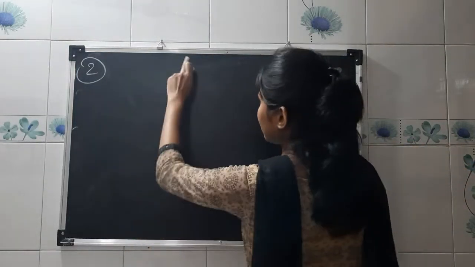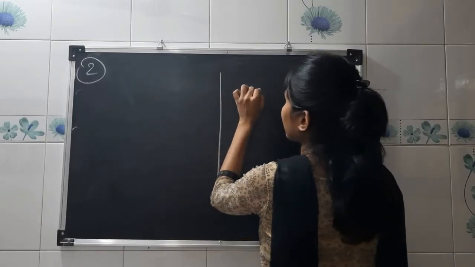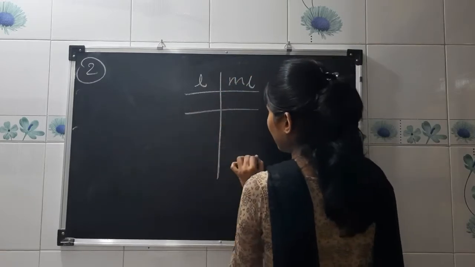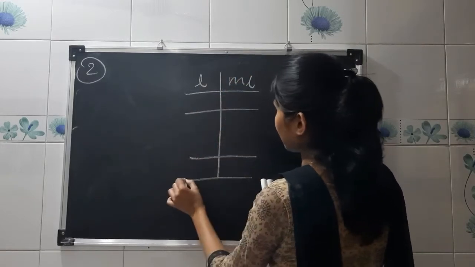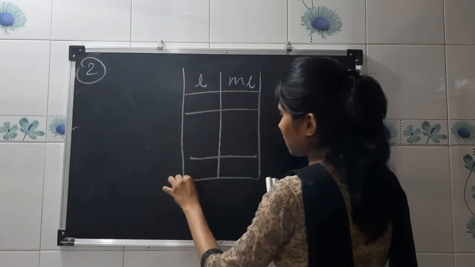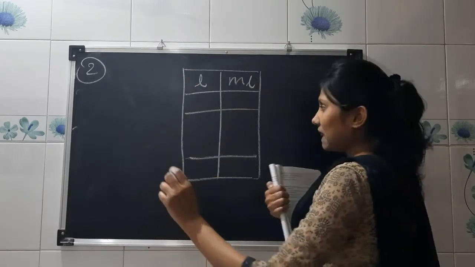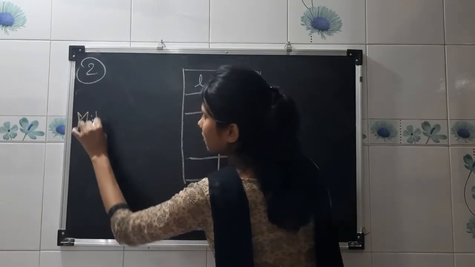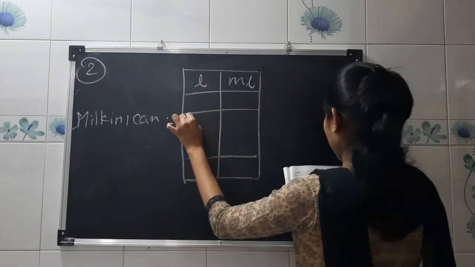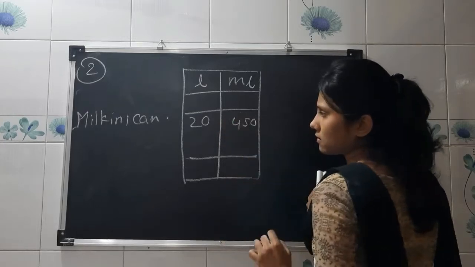Okay, so first, milk in 1 can, 20 liters 450 milliliters.